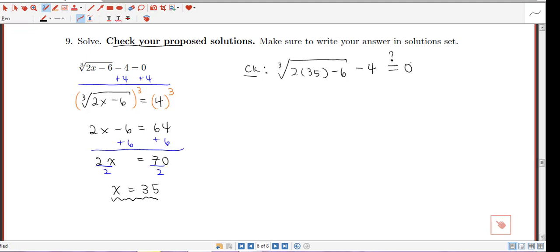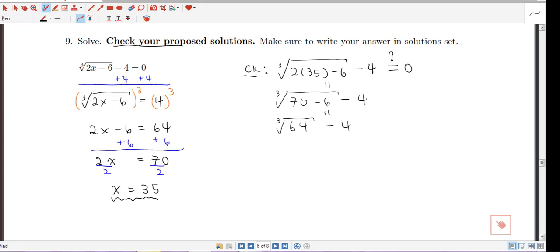So let's just compute the left hand side of it. Alright, now, so here what you're going to get is cube root of 2 times 35 is 70 minus 6 minus 4. Okay, so that's equal to that. Now this is going to be what? Cube root 70 minus 6 is what? 64 minus 4.